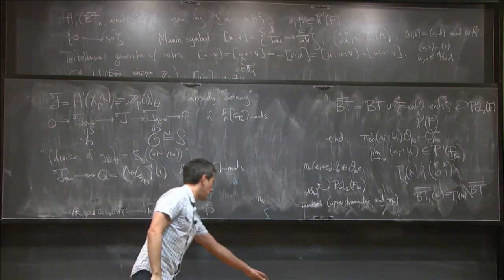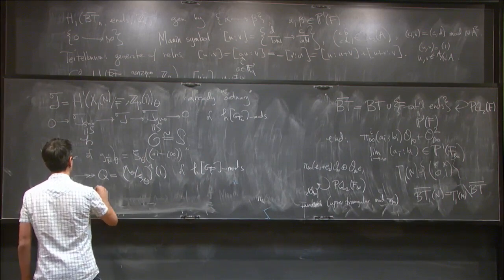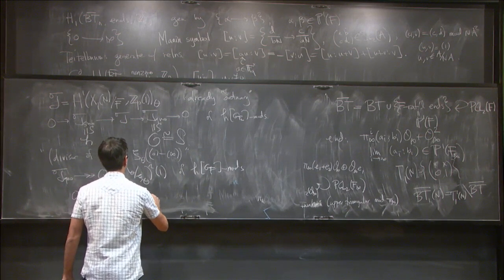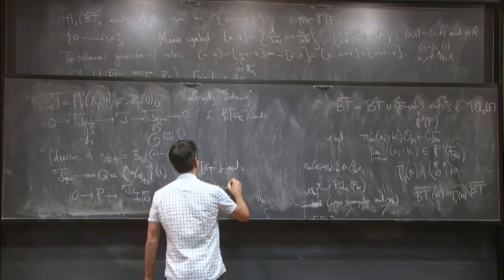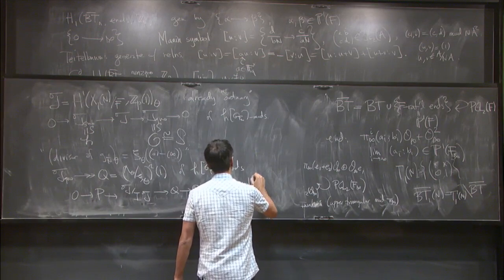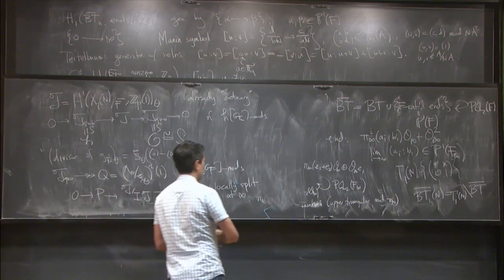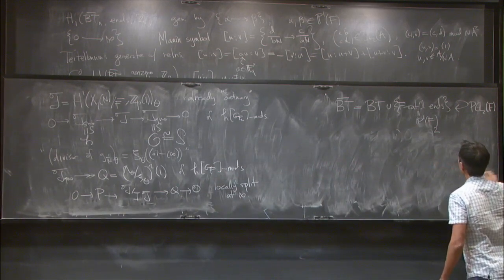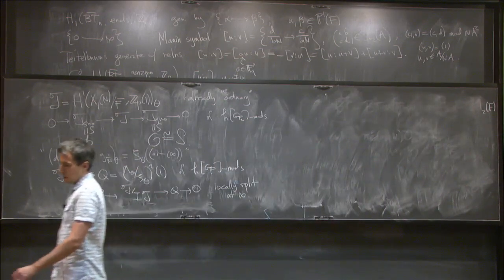And then we get an exact sequence: 0 goes to P, goes to T mod IT, goes to Q, goes to 0, which is locally split at infinity. You can distinguish the two actions by Frobenius at infinity. So the argument's pretty much the one I gave before.